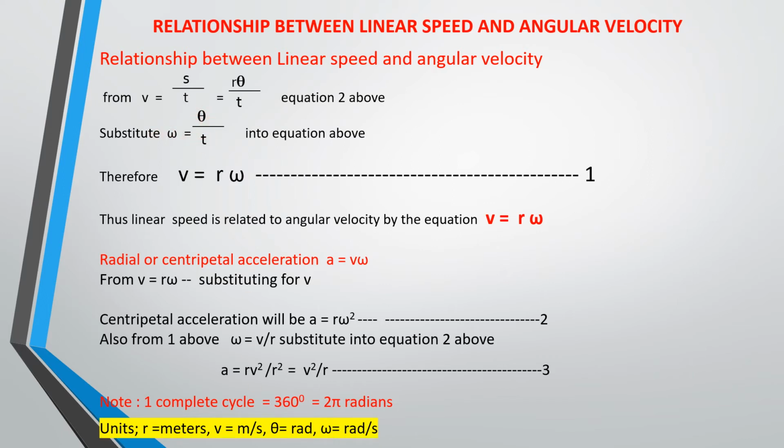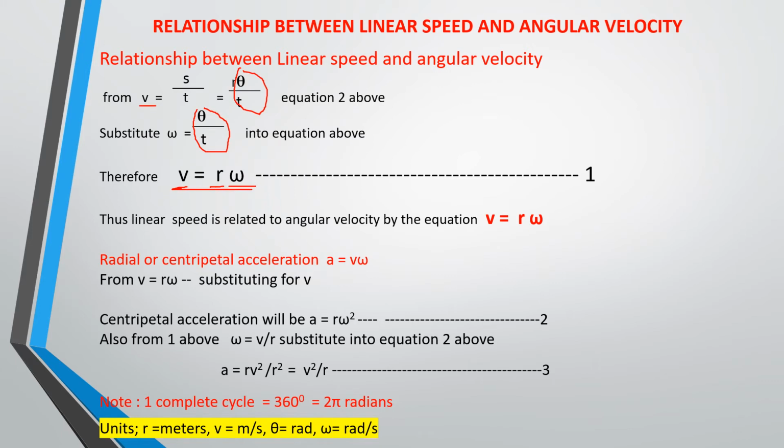So if you substitute this into this part of the equation, you will have that linear velocity is equal to radius times angular velocity.